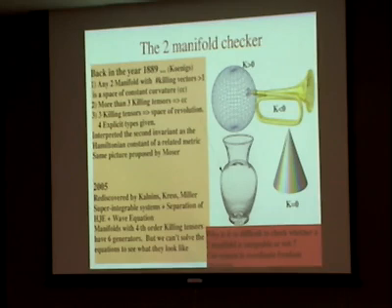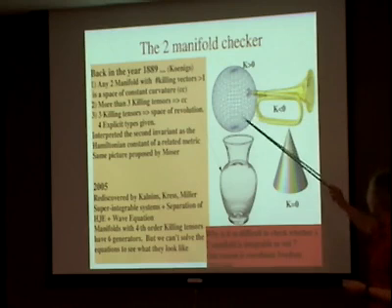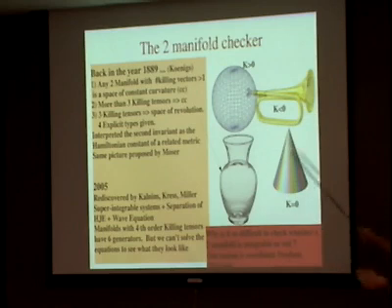He said, if you have a 2 manifold with more than 1 killing vector, it's a space of constant curvature. So if you look at the embedding diagrams of these spaces, you can have 0 curvature, you can have the sphere, which has positive curvature, or you can have your bugle, which has negative curvature. If you have any of those spaces, you know you have 3 killing vectors on your space, and you're fine.